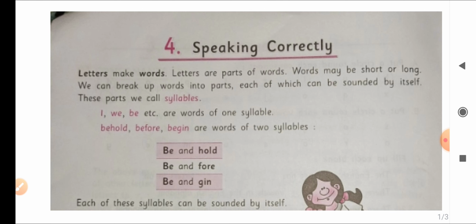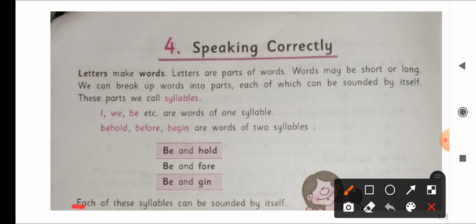That means behold, before, and begin are made up of two syllables, that is be and hold. So each of these syllables can be sounded by itself.